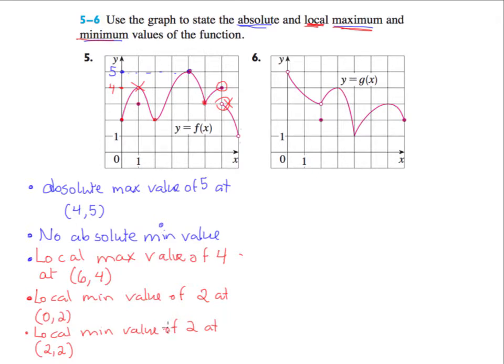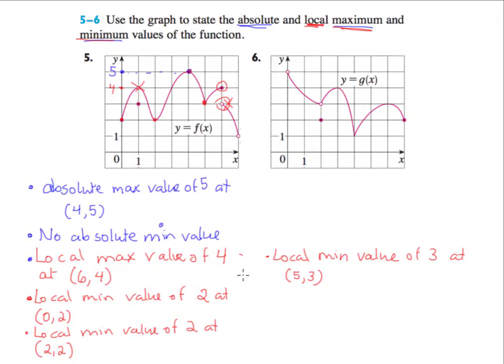Next, this cusp here is a local minimum value of 3 at the point 5, 3.